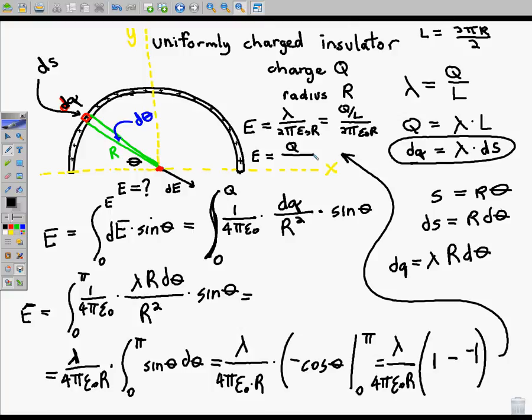So the pi is going to go down below and get squared. And same thing with the r, the r is also squared. So it's going to be 2 pi squared epsilon 0 r squared. Make it 2 epsilon 0 pi squared r squared.